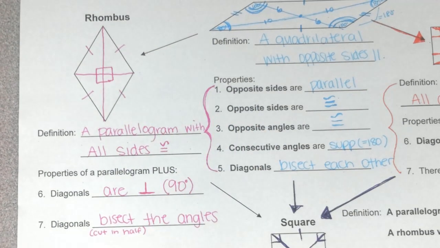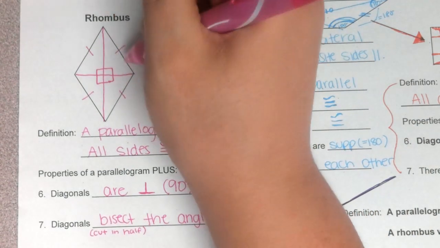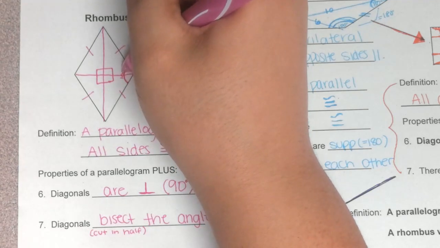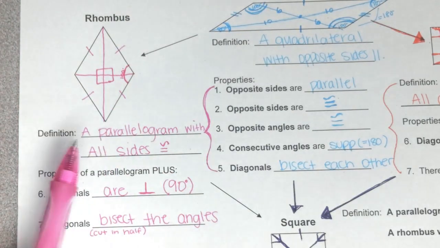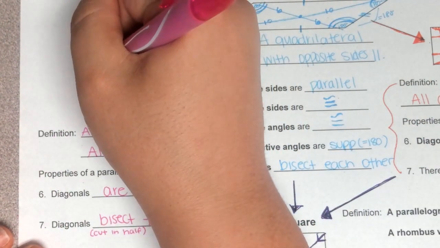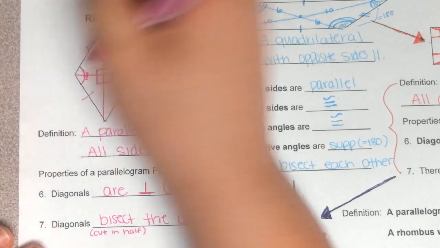So I'm just making up numbers for this picture. But let's say that angle right here is 100 degrees. What else do I know? The other side is also 100 degrees.